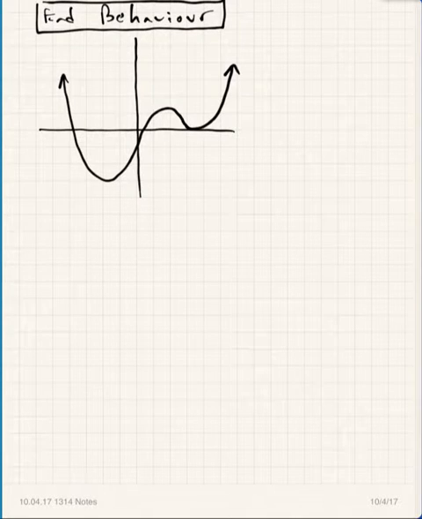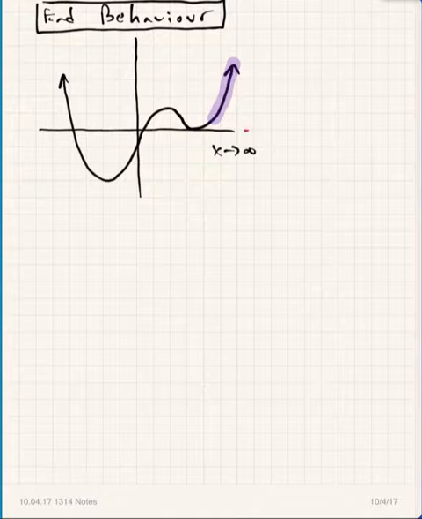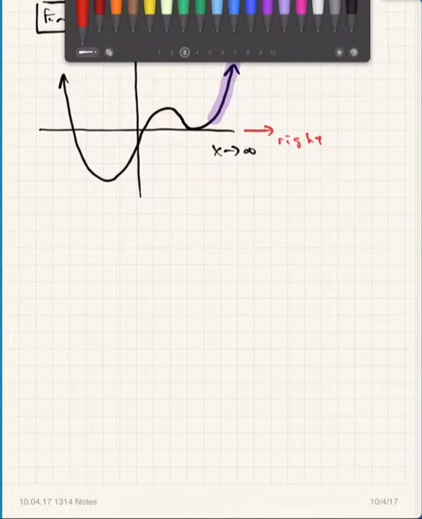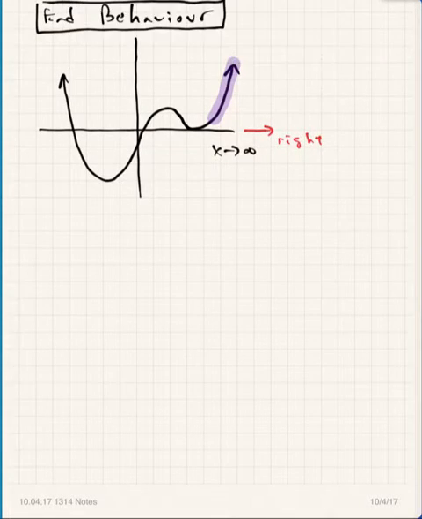So the end behavior has to do with what is the graph doing over here, and that is as x is getting big, as x is going to infinity, we're moving off in this direction on the x-axis. We're moving off to the right. And then what happens, same kind of question, but in the opposite direction.